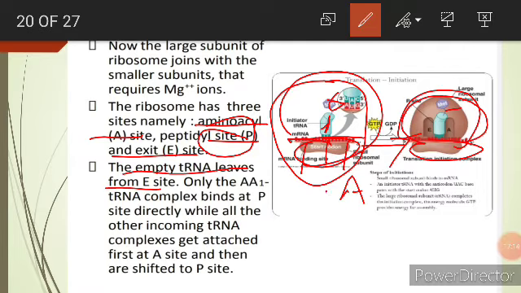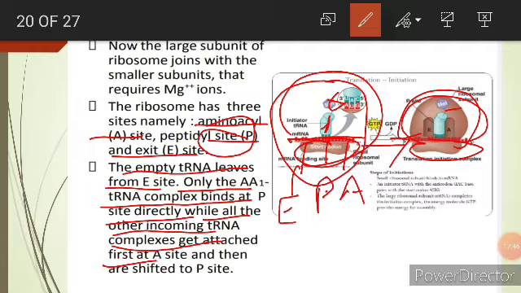Then from the A site it will reach the peptide bond site, that is the P site, and it leaves its amino acid at the P site, and then this tRNA leaves from the E site, the exit site. Only the initiator amino acid tRNA complex binds at the P site directly, while all the other incoming tRNA complexes get attached first at the A site and then shifted to the P site and then exit from the E site.